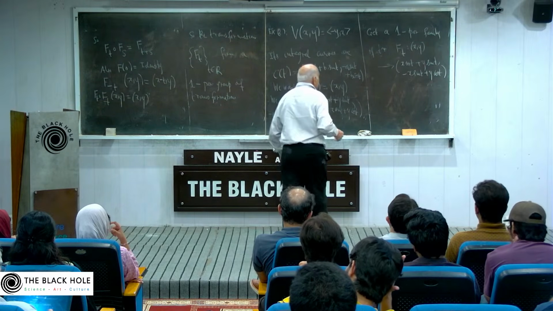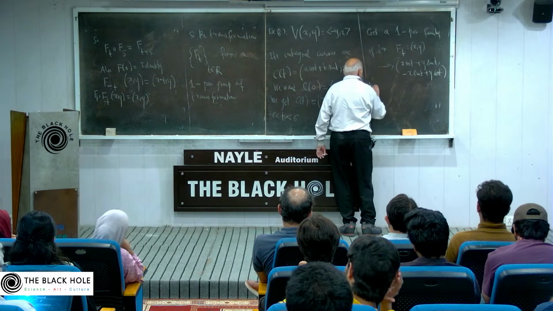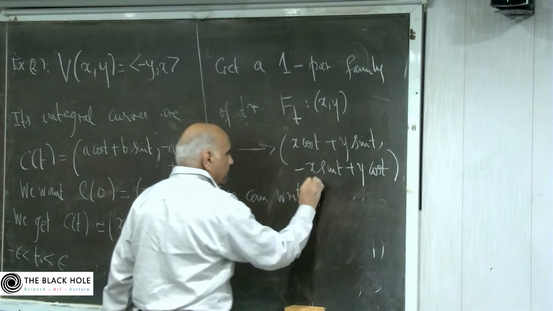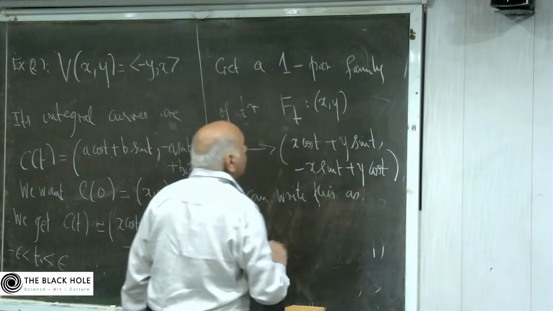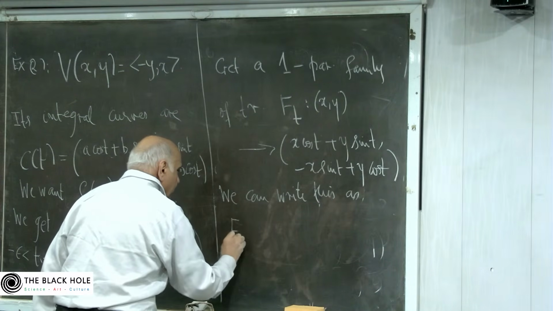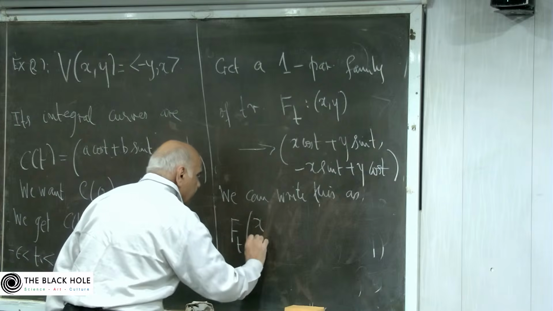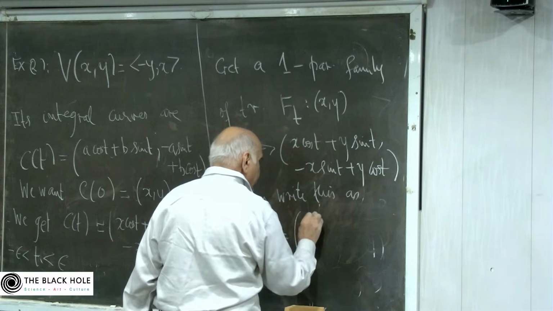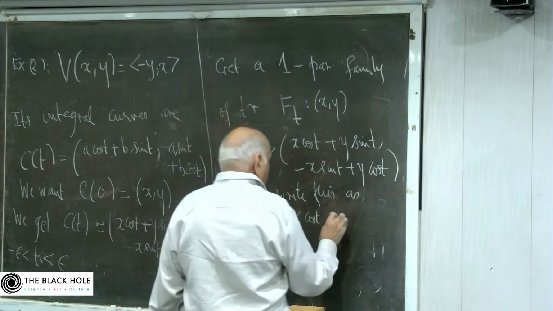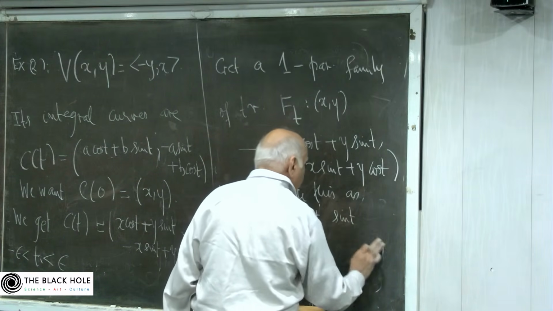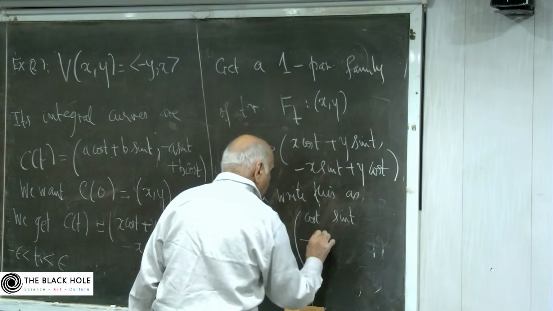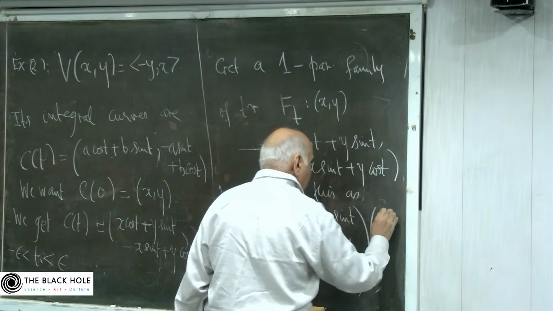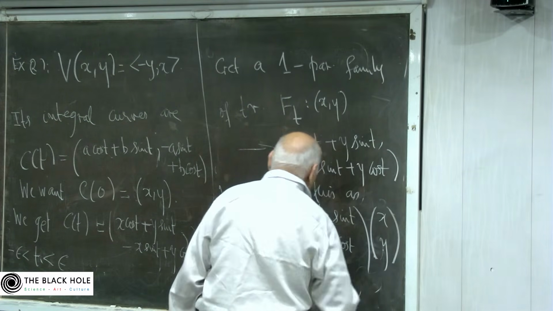So we can write this as Ft of this vector xy is equal to the matrix cos t, sin t, minus sin t, cos t, applied to xy.